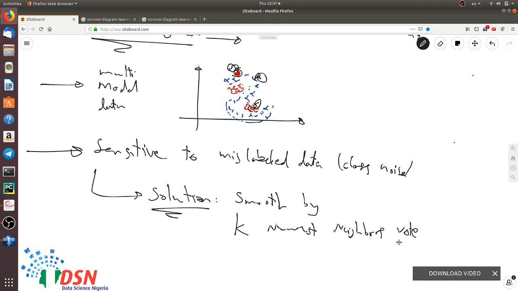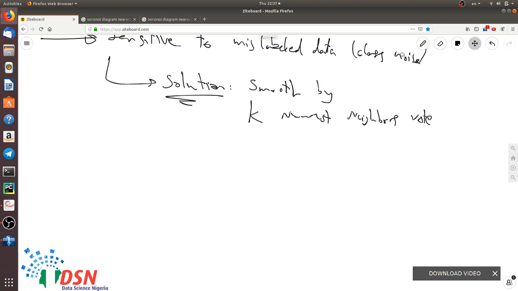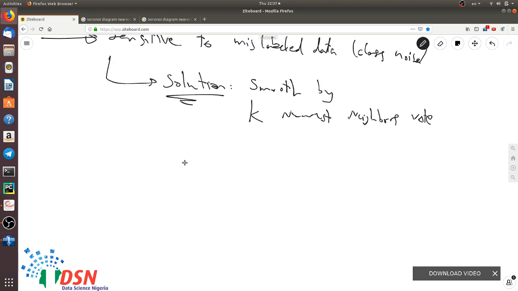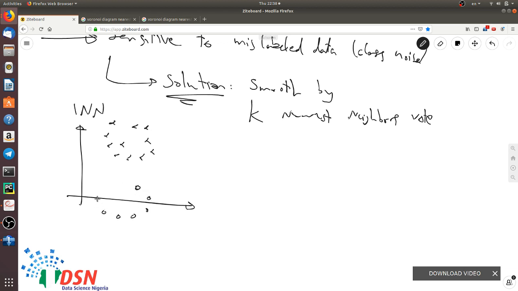So we use the voting scheme between k nearest neighbors to get the output. In this case, if you use one nearest neighbor, you just need to find the one nearest data point to your test data point.